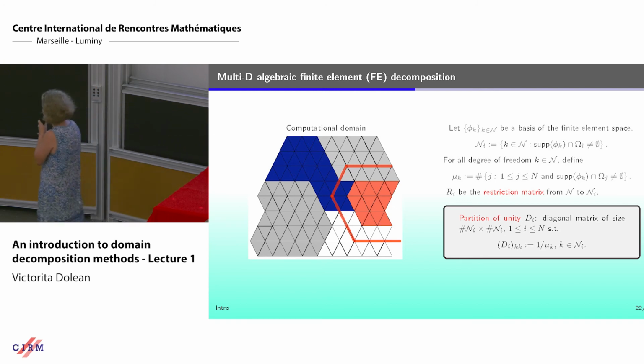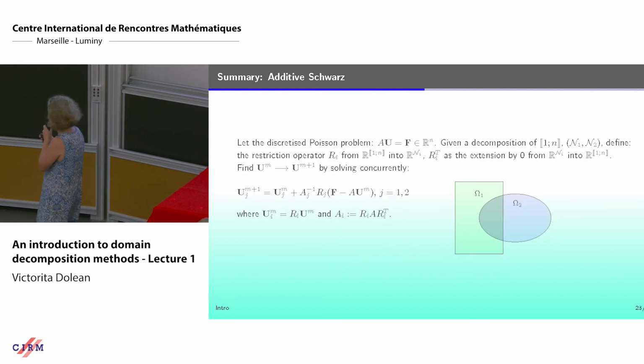Okay, so now I want to summarize everything. Let's look again at this discretized Poisson problem. I have a decomposition of the degrees of freedom into local degrees of freedom. I have restriction operators, extension operators, and local solves.